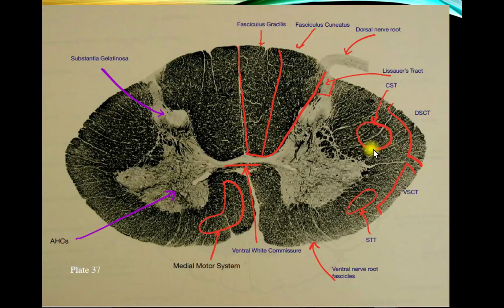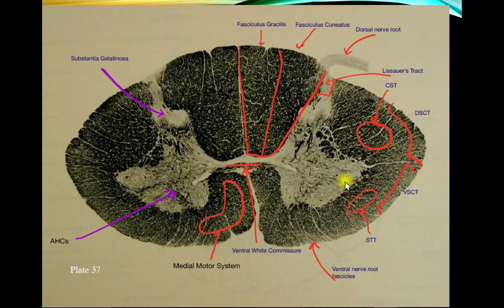Here's the corticospinal tract, or the lateral corticospinal tract. Then, of course, the rubrospinal tract is right adjacent to that. The dorsal and ventral spinocerebellar tracts, and again, our medial motor system. Vestibulospinal, tectospinal, reticulospinal, and the anterior corticospinal tract.